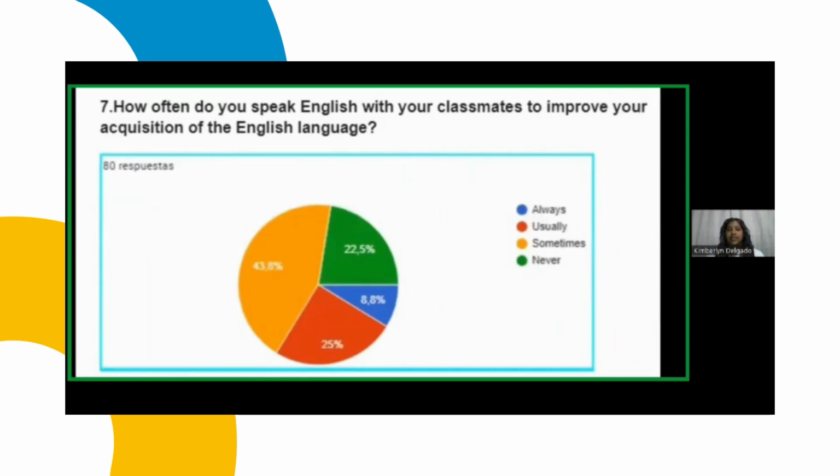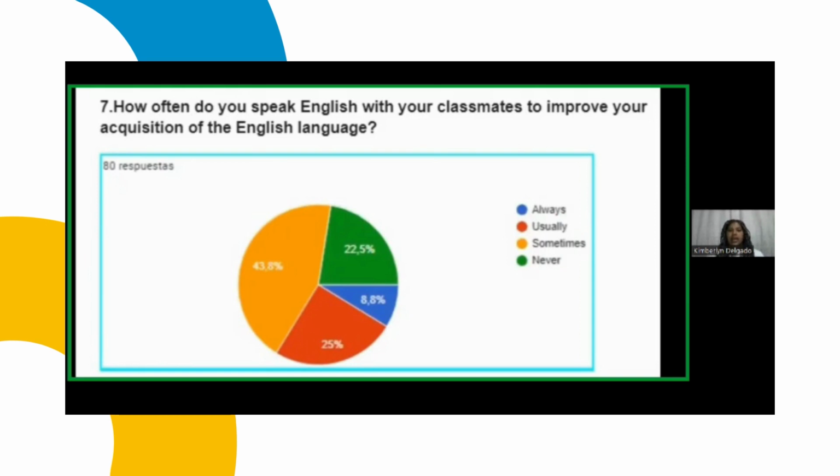Of the 80 participants, 35, the 43.8% people select the sometimes option, followed by 25, the 25% people voted for the usually option, the 18, the 22.5% people choose the never option, and the remaining 7, 8.8% people voted for the always option.